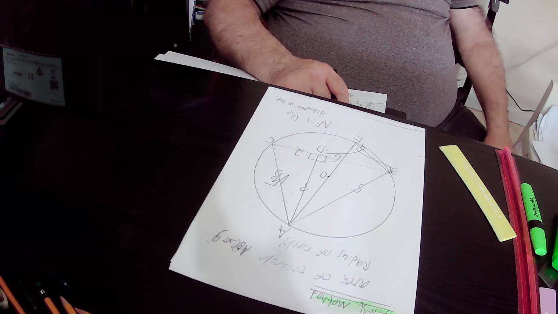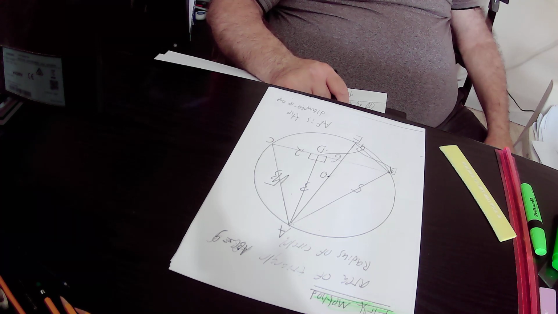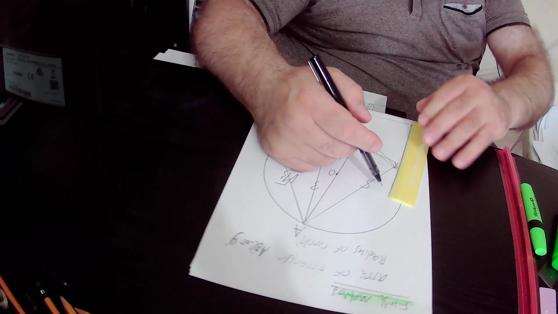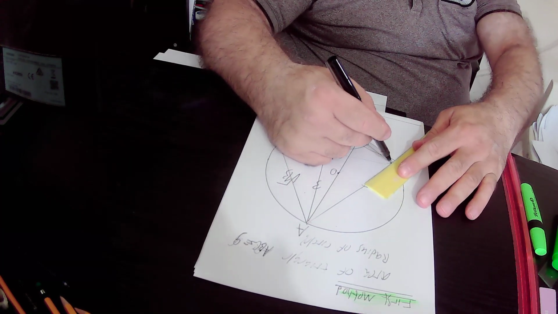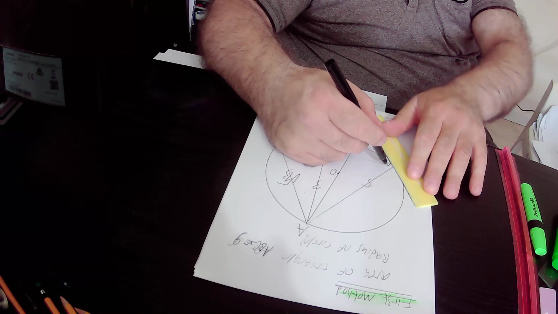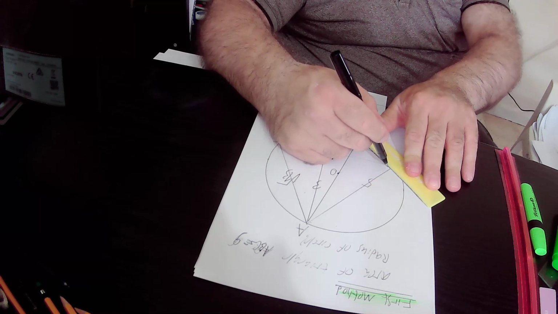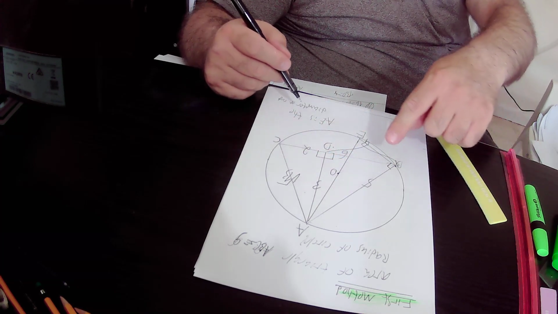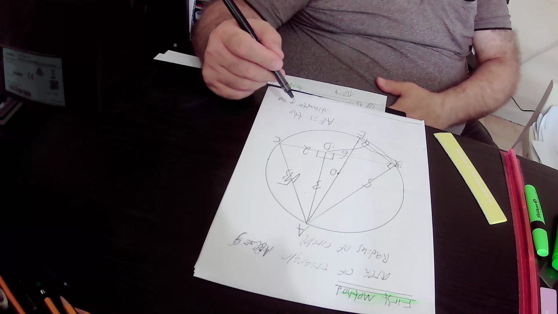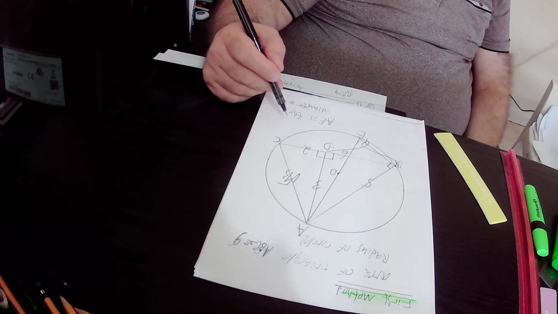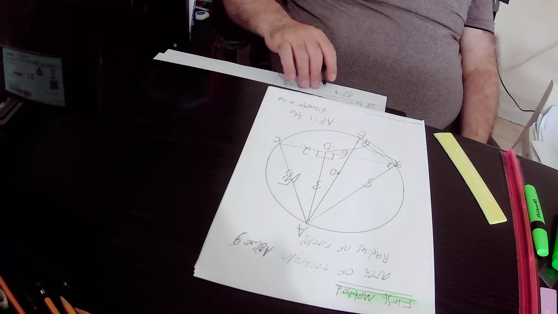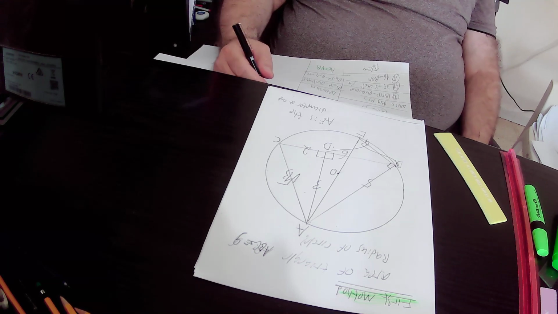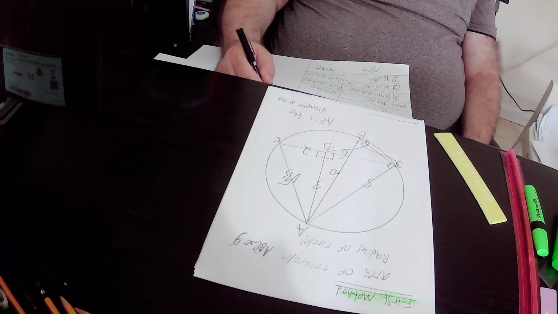Therefore, peripheral angle ABE equals 90 degrees, according to the rule that any peripheral angle that rests on the diameter of the circle is equal to 90 degrees.